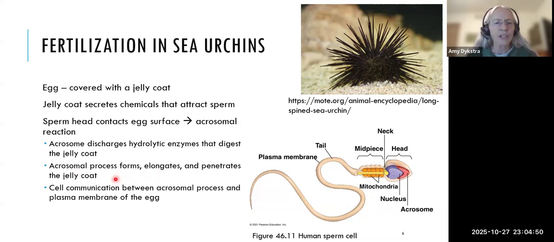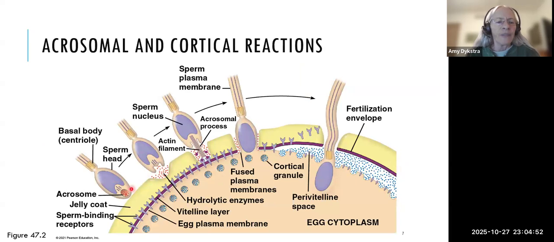And we'll go back to this picture again. There are some actin protein filaments that are here in between the nucleus and the acrosome of the head of this sperm.